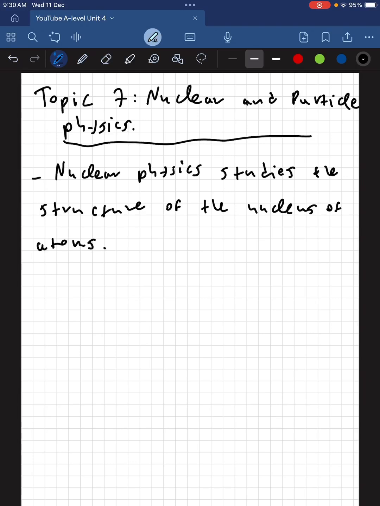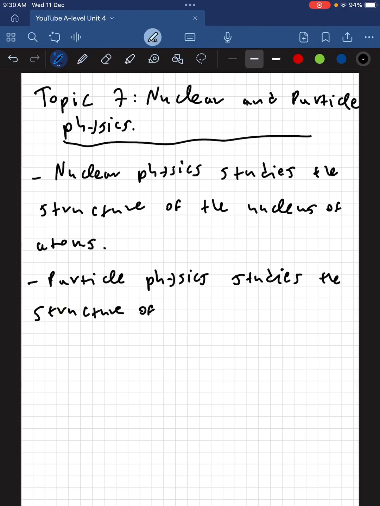Now, what's different between nuclear and particle physics? Particle physics studies the structure of fundamental particles or subatomic particles such as protons and neutrons.